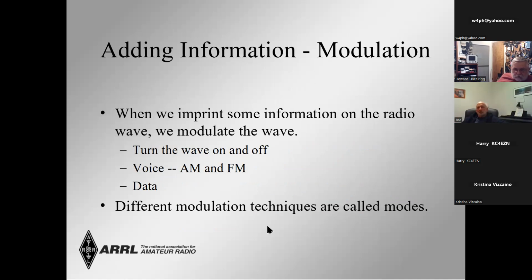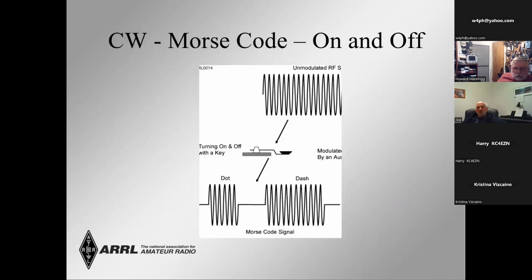When we imprint some information on the radio wave, we modulate the wave, turn the wave on and off with voice, AM, FM, data. Different modulation techniques are called modes. CW Morse code is on and off code.